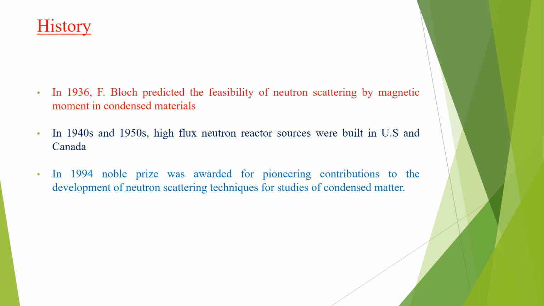Bertram N. Brockhouse was recognized for the development of neutron spectroscopy, and Clifford G. Shull for the development of the neutron diffraction technique. So these were the scientists who were awarded the Nobel Prize in 1994 for the development of neutron scattering techniques.